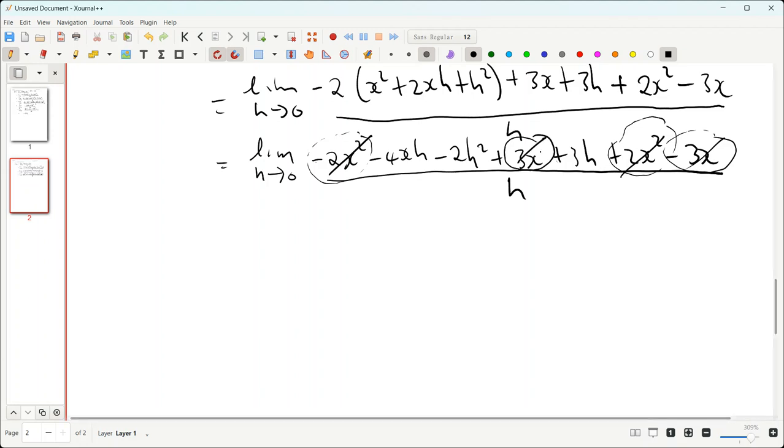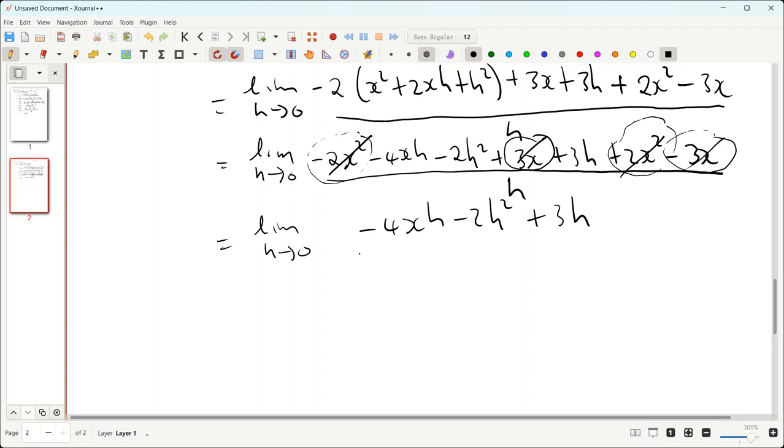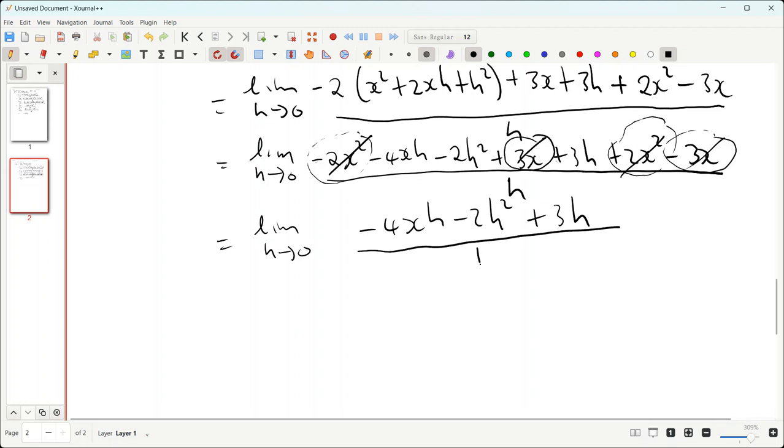These can go as well. Do we have any like terms? We no longer have like terms, so we can just write what's remaining to tidy this up. So we have minus 4xh minus 2h squared, and then plus 3h, all divided by h.